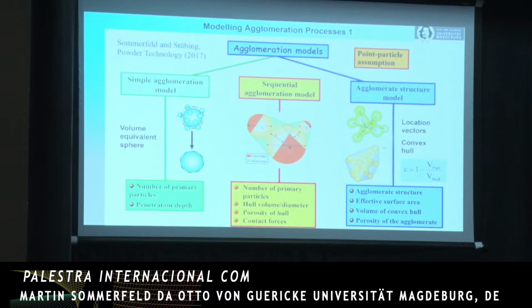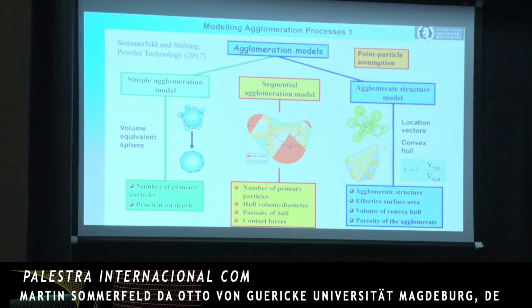Okay? So it's very effective. You get the number of primary particles, you get the hull volume diameter with porosity, you get this porosity, and we also store contact forces to look at the possible breakup.